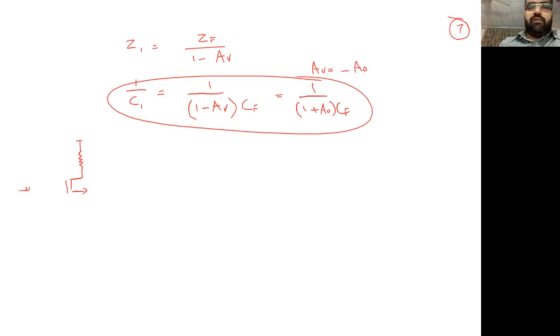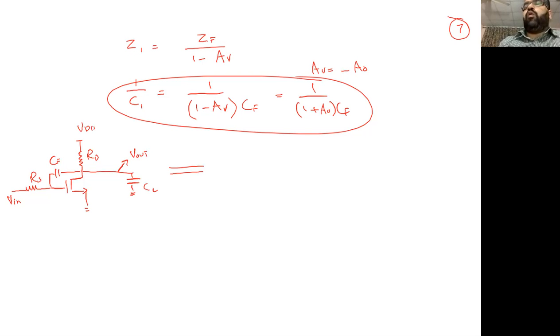Okay, so you have RS. I'm redrawing the circuit again and then we'll redraw the modified form. So we have V in here, we have a capacitance here, which is CF, we have an RD here, we have a ground here, we have a CL here, and we have a V out here. And this is the VDD.